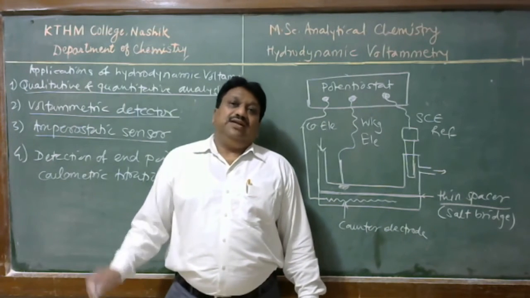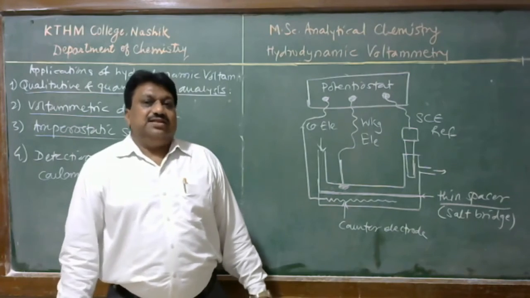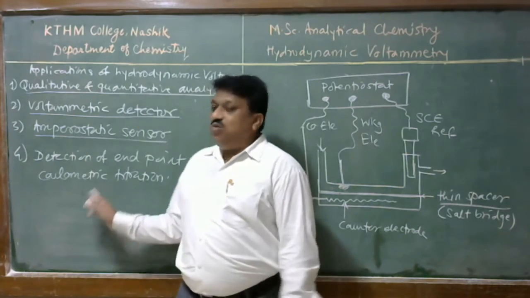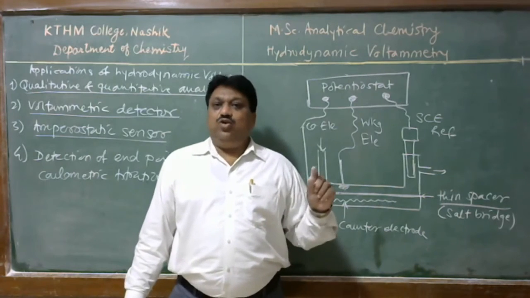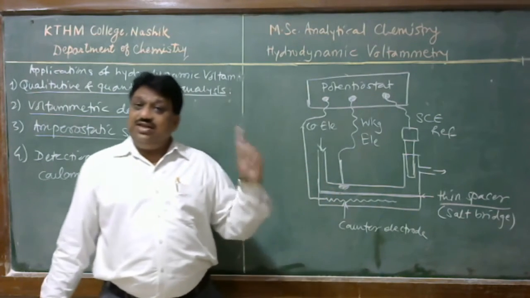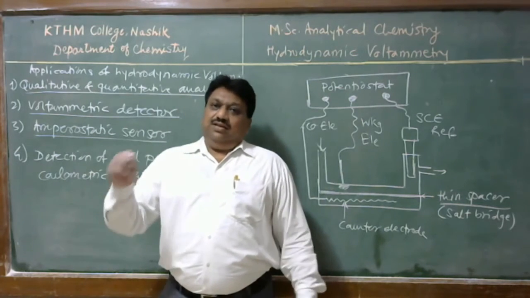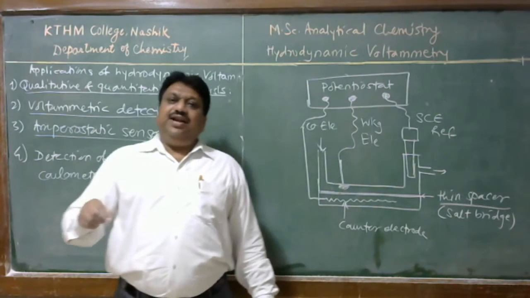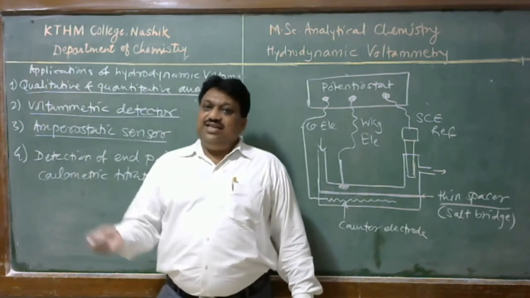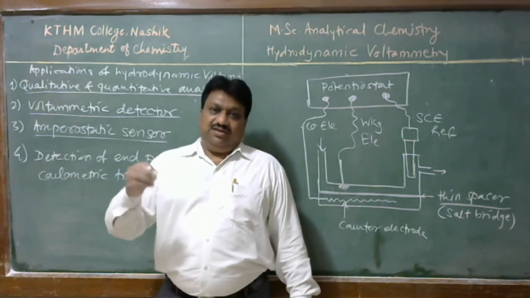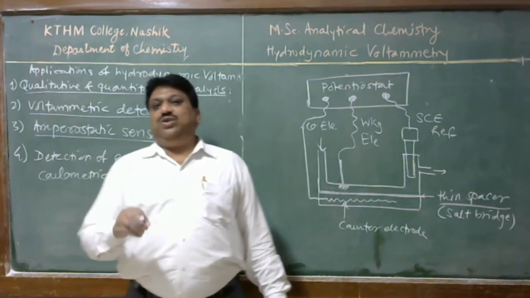And this titration is carried out in a coulometric cell. A similar titration we can perform by using such a type of hydrodynamic electrolysis cell. Here initially the reagent is generated in the cell, then the analyte is added and current is measured at that reduction potential, or current is measured at that oxidation potential.